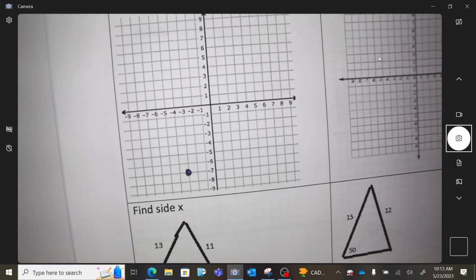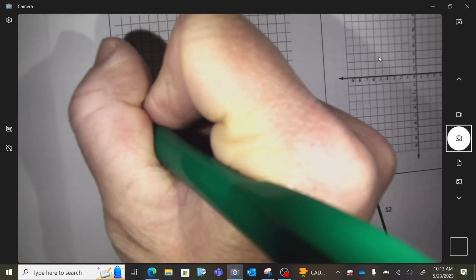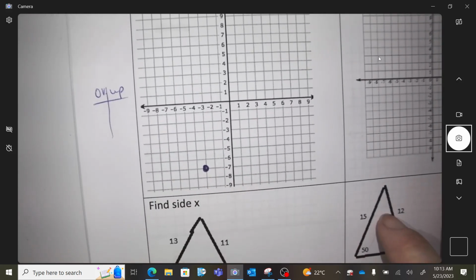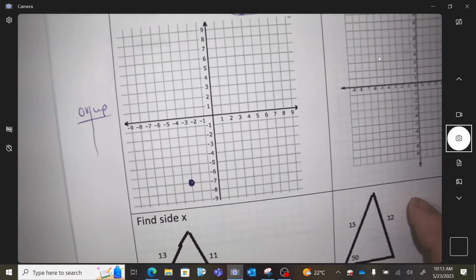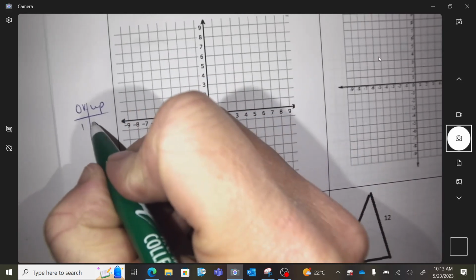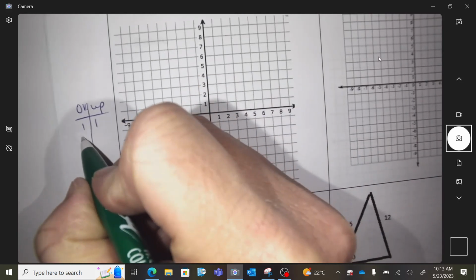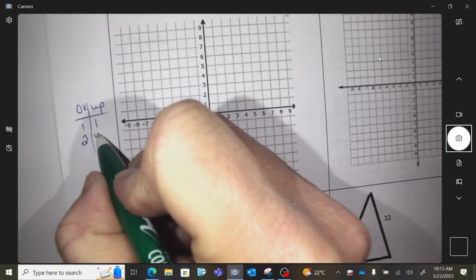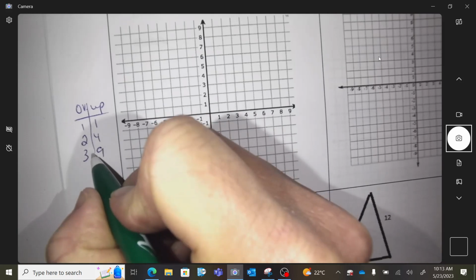Okay, so here's my graph. I did -3, -7 already. Over and up is the pattern on a parabola. So when we do just a normal pattern, how does it go? Normal: 1, 1, 2, what would be the 2 move? 4, 3 would move 9.